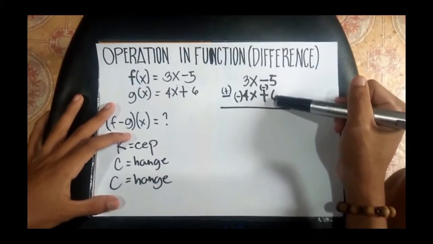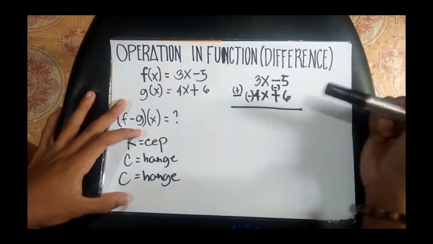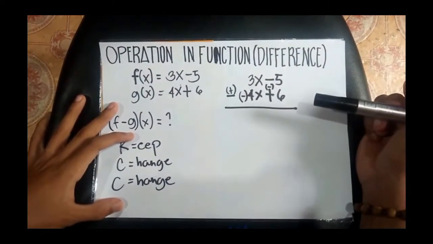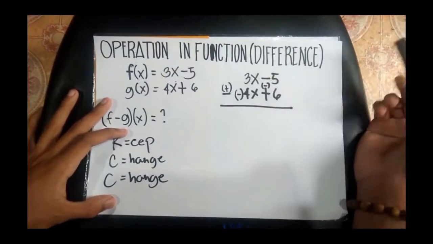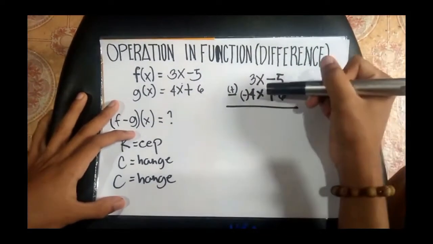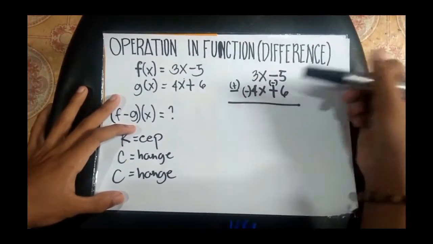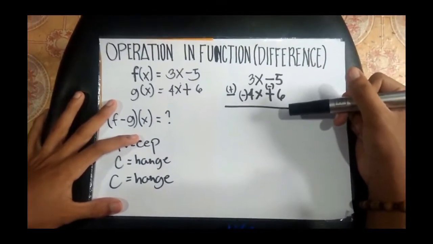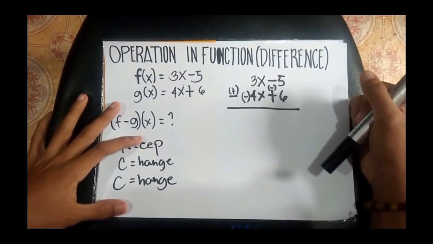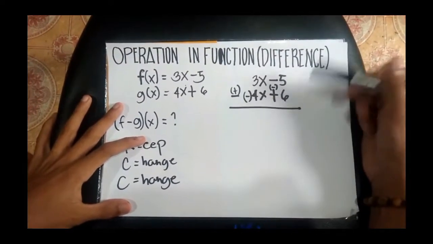So meaning to say, checking your second quantity in there is the 4x plus 6. You will be literally changing all the signs in there. So positive 4x will become negative, and the positive 6 will become negative. And then we are now doing addition in there, adding up. We might start from the constant going to the highest exponent.